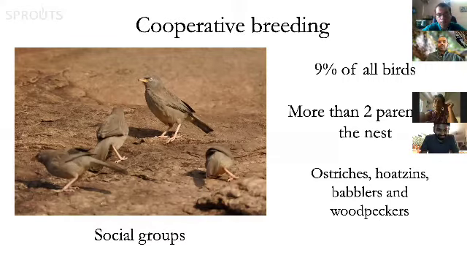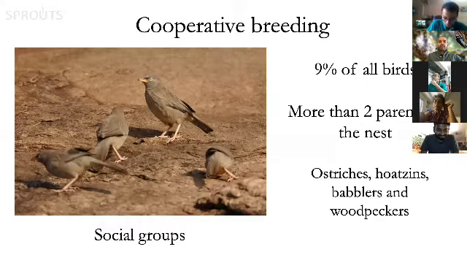Here we define family group as a group where more than two birds, one male and one female, take care of the young in the nest. So it's at least three parents taking care of a young one in the nest, where the third obviously cannot be the biological parent of the nestling. And again, within birds also, family living has evolved many, many different times.